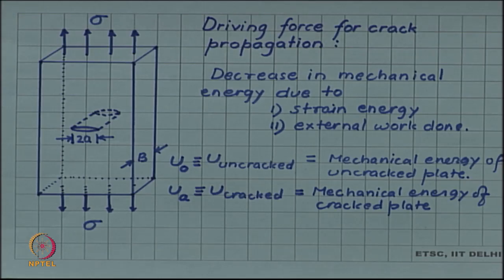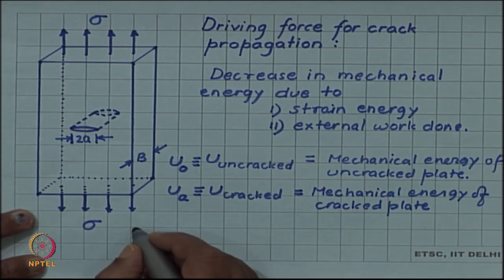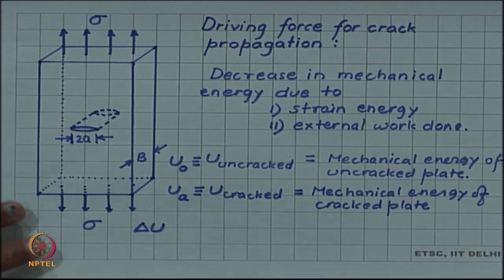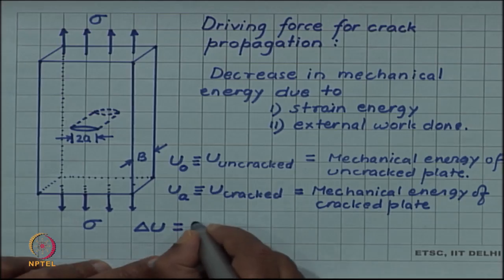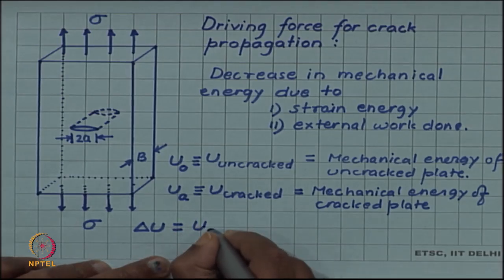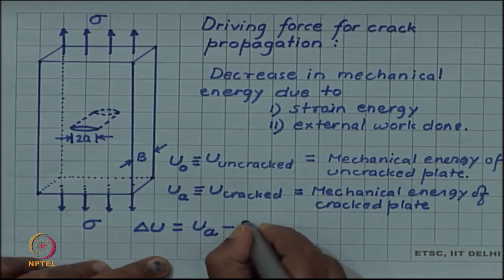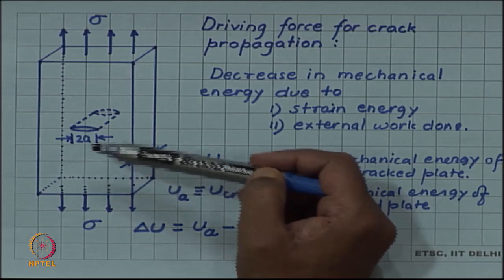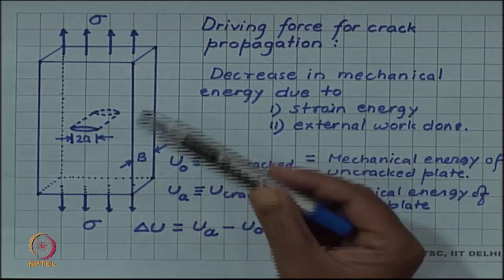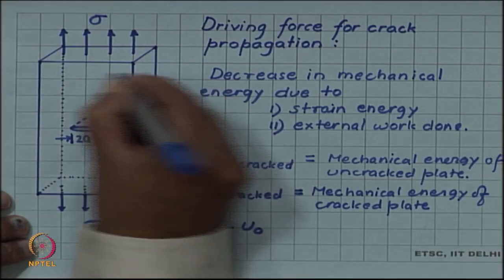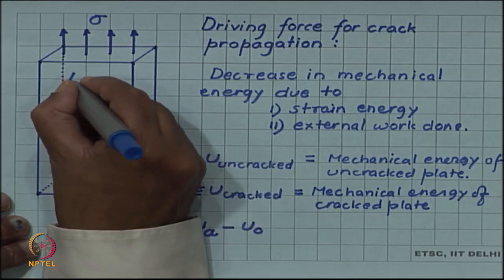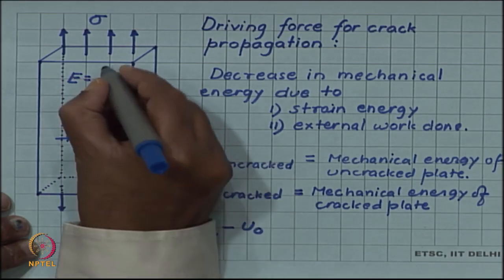Now, the change in mechanical energy due to the introduction of the crack can be written as delta U, which is U with crack minus U without crack, and this can be calculated in terms of the stresses, the crack size, the plate thickness and the elastic property of the material, which in this case is the Young's modulus. So, let me write E as the Young's modulus of the plate.